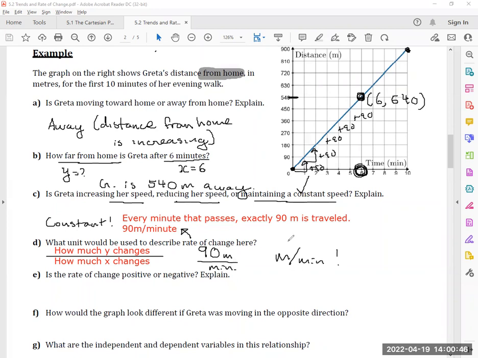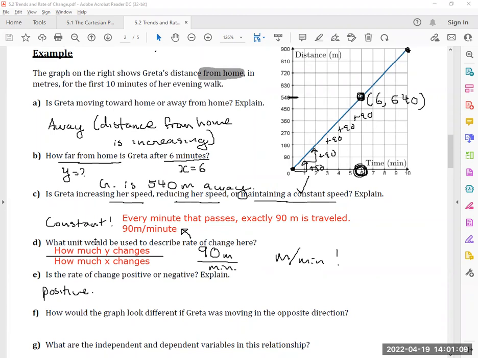Not everyone uses meters per minute. Typically, when you're talking about how much you travel per time in a car, we use speed, which is, yeah, kilometers per hour, right? But anyways, I think you get the point. Is the rate of change positive or negative? Well, I'm going to say positive. Why?